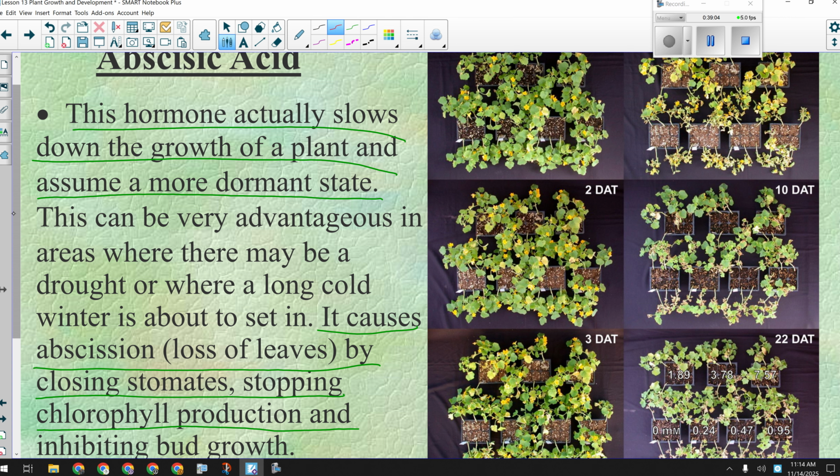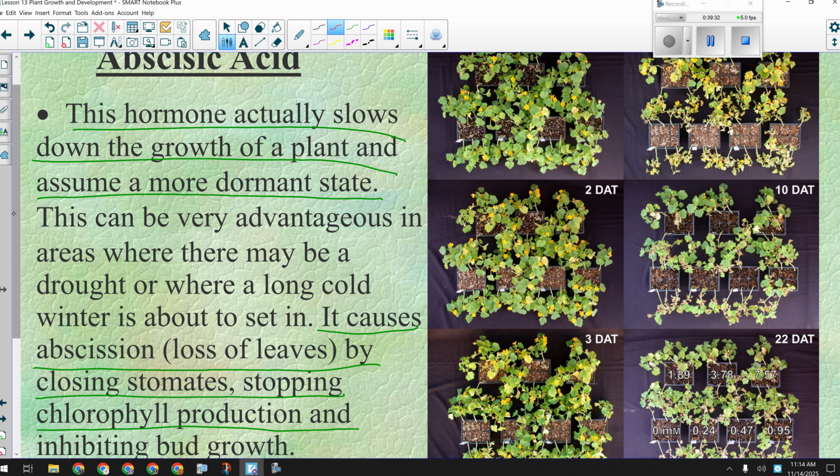Now, the way it works is abscisic acid disrupts the chloroplast's ability to make chlorophyll. The acidic conditions produced by it don't allow chlorophyll to form. If chlorophyll doesn't form, then photosynthesis can't be carried out, and the plants lose their green color. What we see instead are the supportive pigments, the oranges, the yellows, and the reds.